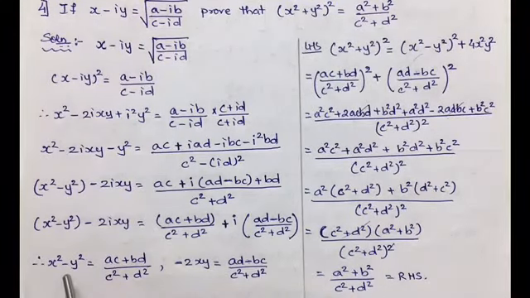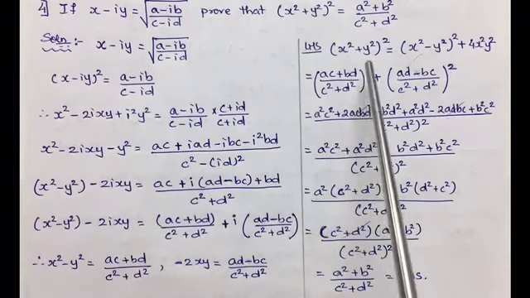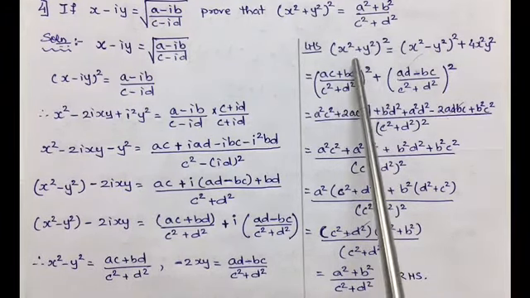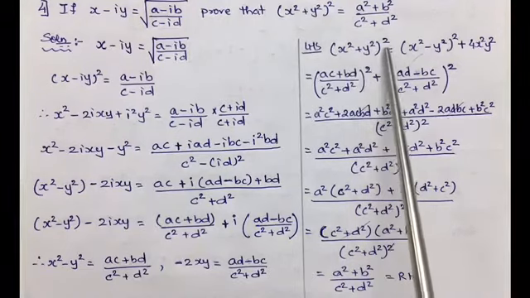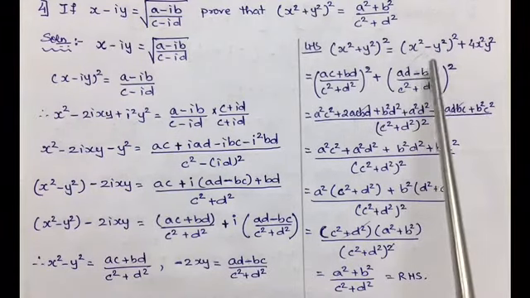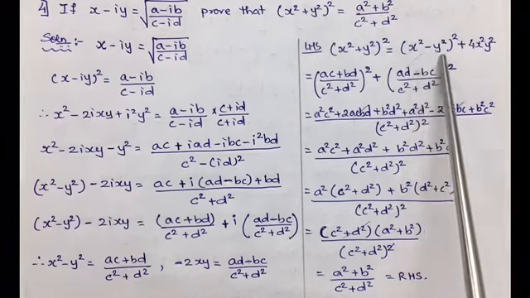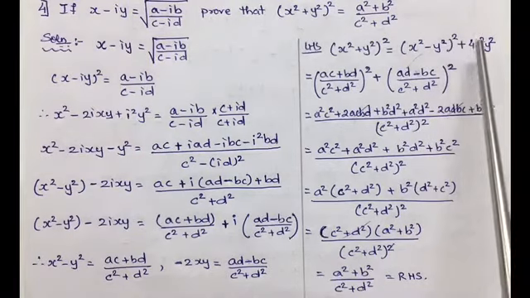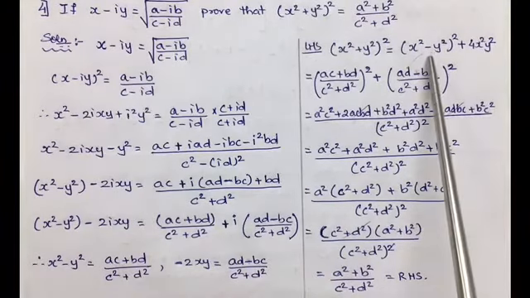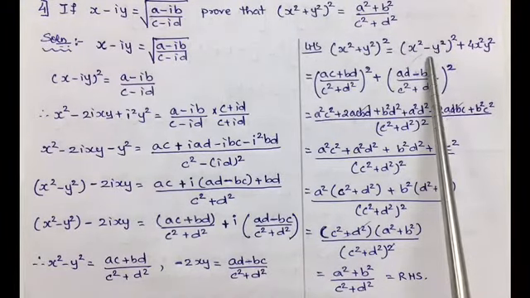As we have the value of x square minus y square, we will express (x square plus y square) whole square in the form of (x square minus y square) whole square plus 4x square y square.